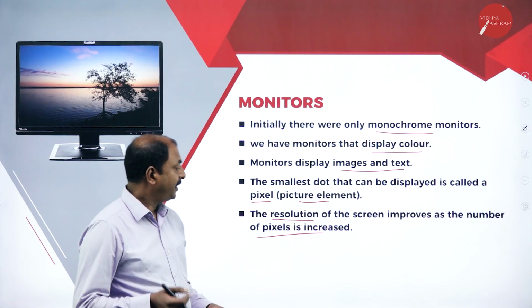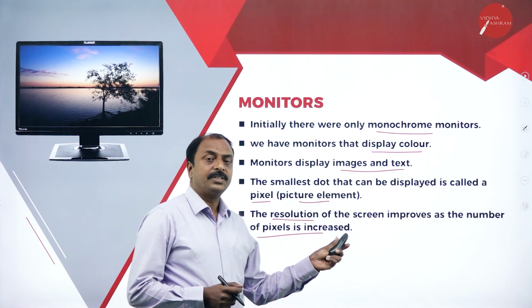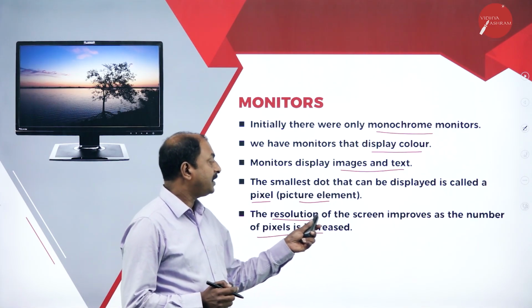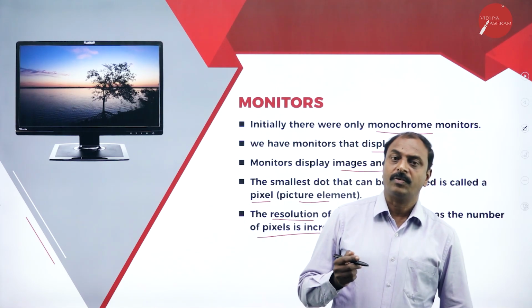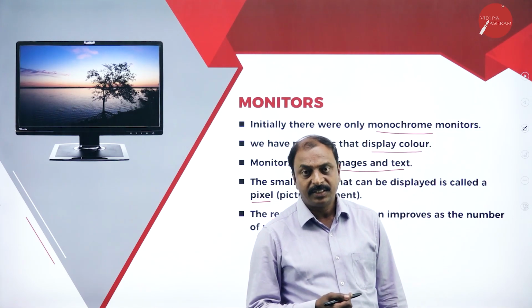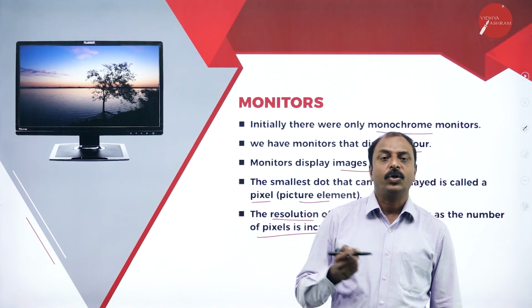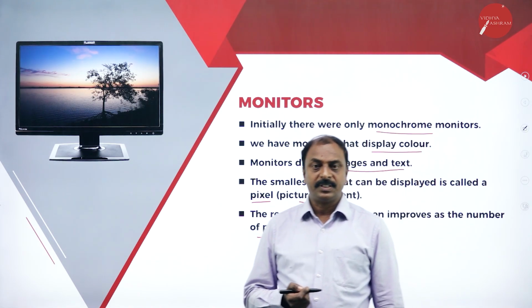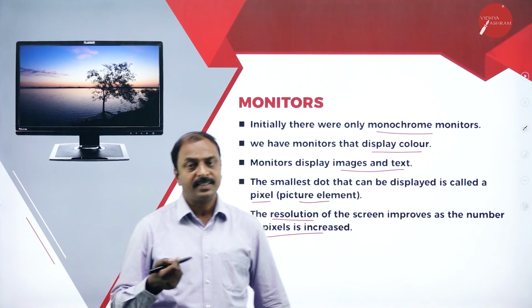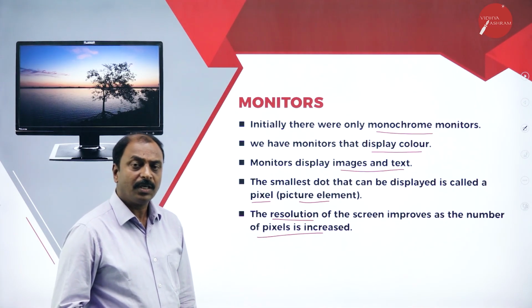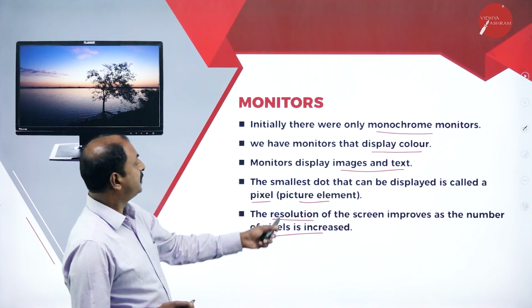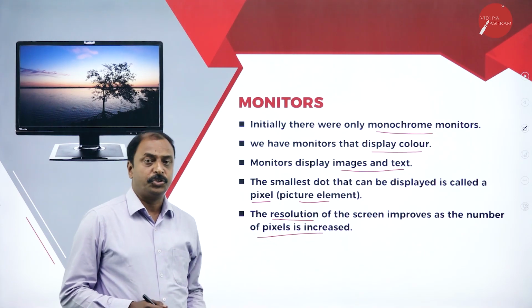As and when the number of pixels is increased, it increases the resolution of the screen. Once the resolution of the screen is increased, obviously we will get good quality pictures or text, or it displays good quality images or text. So this is another term: resolution.